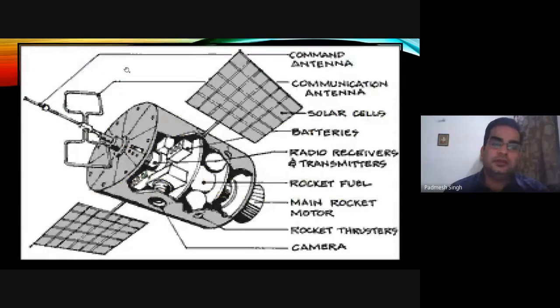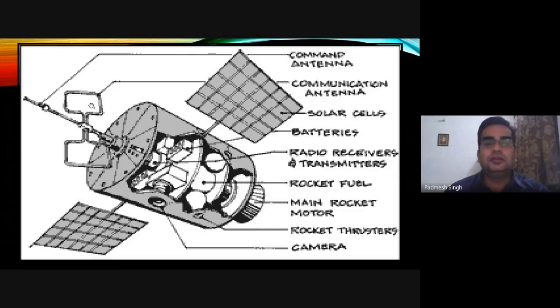This is a basic components diagram of a satellite. Here we can see this is a command antenna. Command antenna means the instructions from the ground station or earth stations are received by this command antenna.